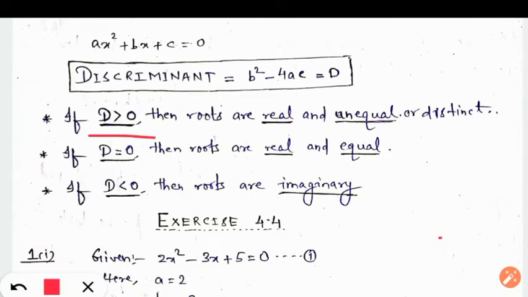So if the root part becomes positive, or if discriminant D is greater than 0, in that case we will say that the roots are real and unequal or distinct. Unequal or distinct both mean the same. So if the discriminant is greater than 0, we will say the roots of the quadratic equation will be real and unequal.